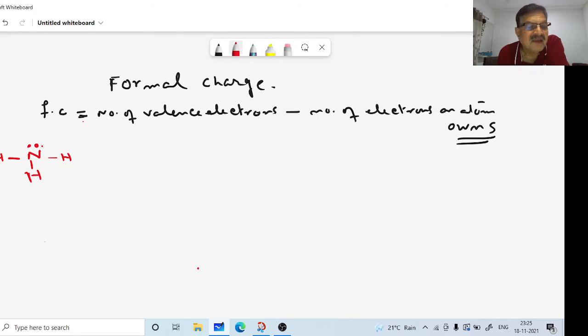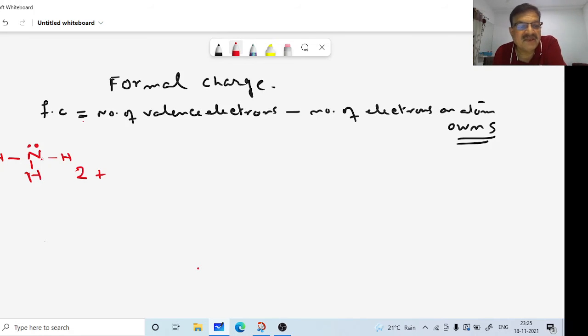In this case, what is the number of electrons owned by nitrogen? An atom owns all the unshared electrons. That is 2 here. Nitrogen has 2 unshared electrons.